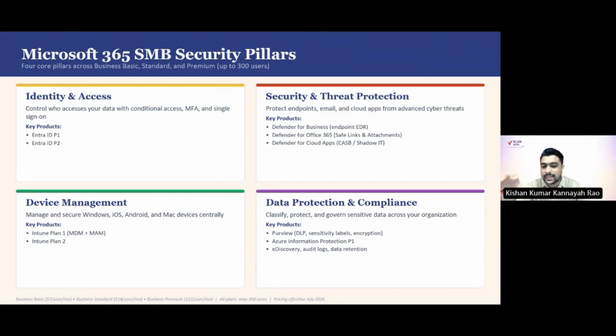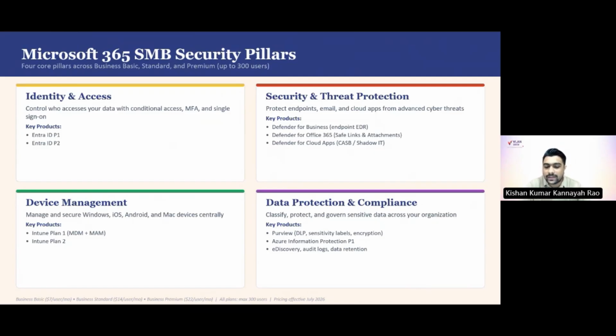At the SME or SMB level, you can purchase Business Basic, Standard, and Premium, with a maximum of 300 licenses altogether. Not 300 for each license, not 300, 300, 300 making 900, no. Altogether 300. So if you purchase Business Basic 100, Standard 100, and Premium 100, something like that, altogether it should be within 300.